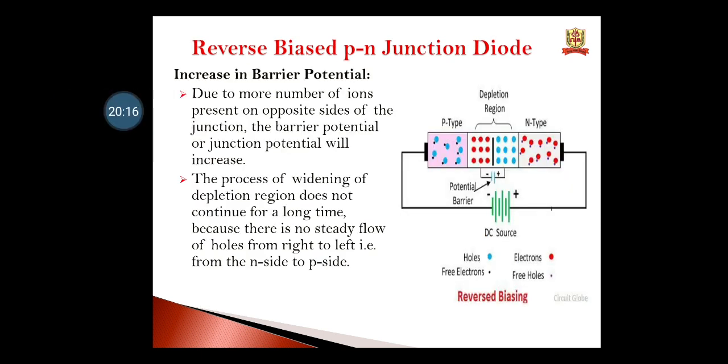And as the depletion layer increases, the electric field across the depletion region also increases. That means the barrier potential is increased because of the widening of the depletion region.